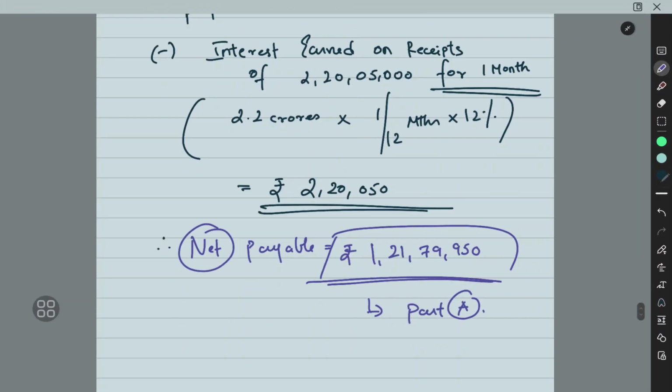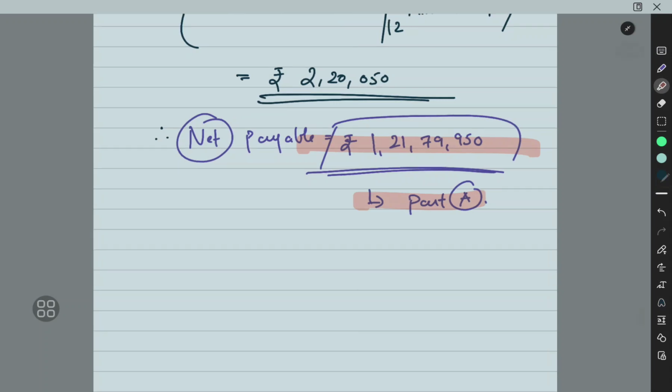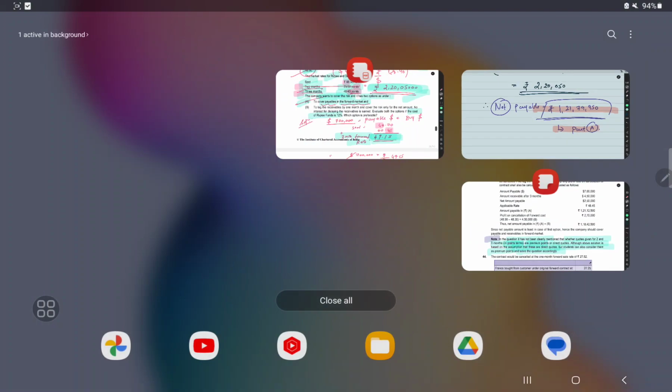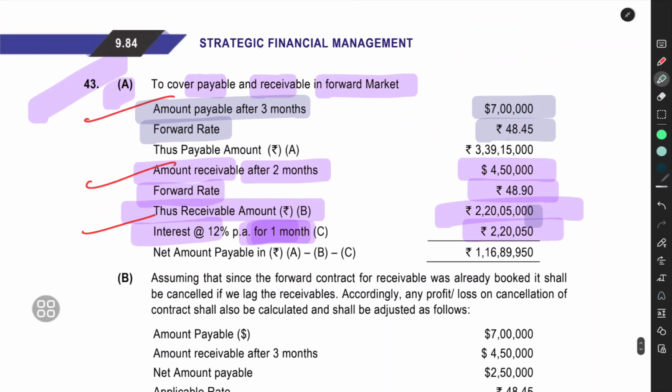The solution is correct if you solve them assuming that these are not direct quotes, rather these are premium points. But purely as per the institute solution, then you take this rate 48.45. How we got that rate, that also I've explained, and hence the rupee equivalent payable comes up to 3,39,15,000.